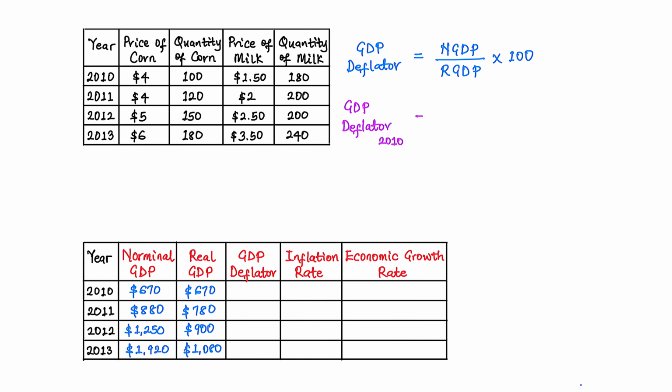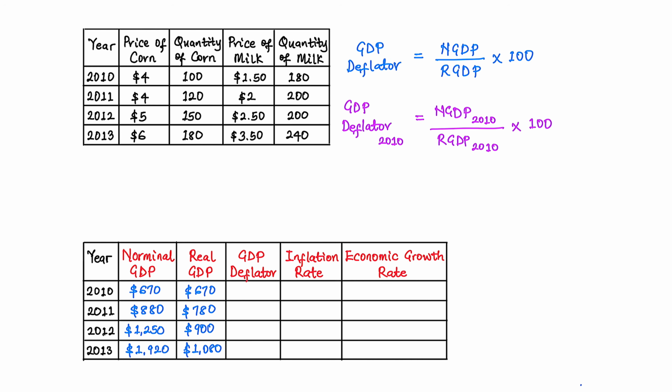That will be equal to the nominal GDP of 2010 divided by the real GDP of 2010 multiplied by 100.